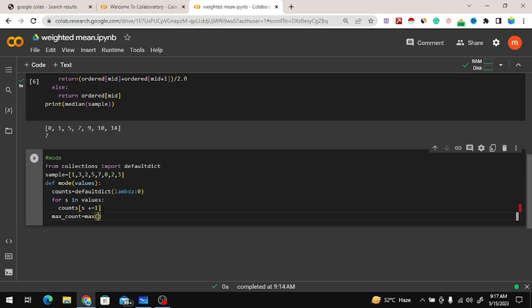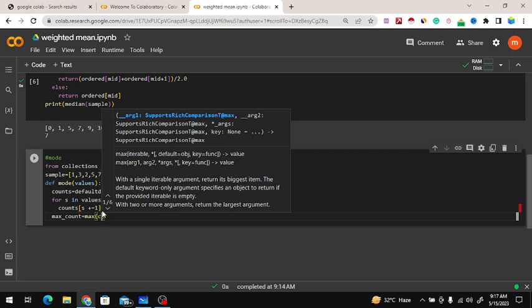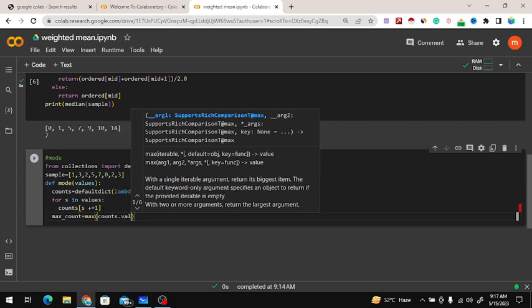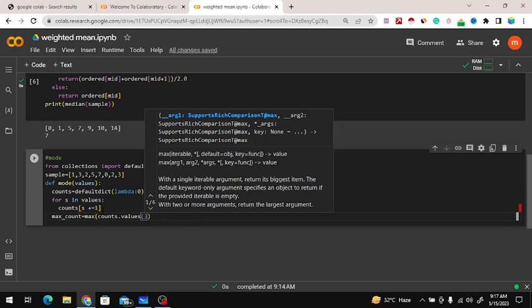So we are taking the maximum counting value, the maximum number of times we have counted a value, counts dot values and parentheses.